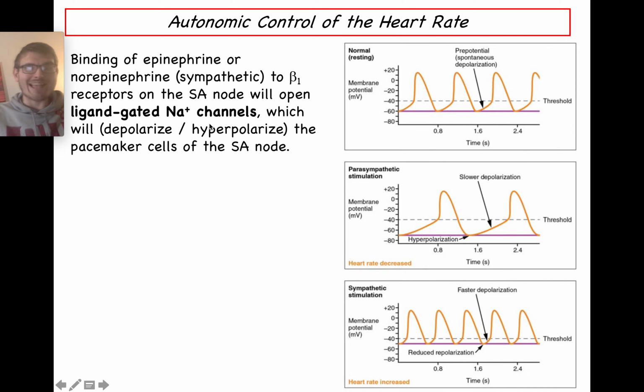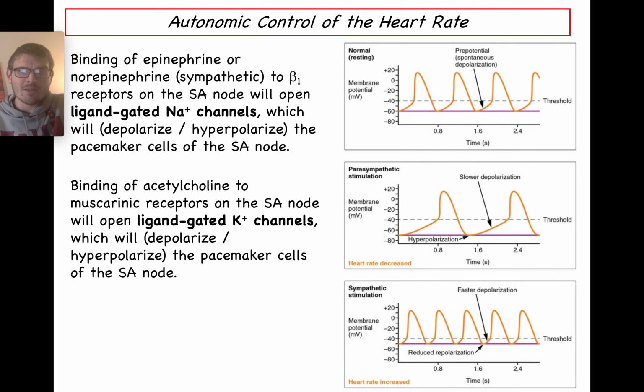Opening these ligand-gated sodium channels is going to depolarize the pacemaker cells. Now, this opening of the ligand-gated sodium channels does nothing to any of the other channels that we talked about before. It does nothing to the funny sodium channels, which are separate, and does nothing to the voltage-gated calcium or the voltage-gated potassium channels. We're opening a new type of ion channel here.